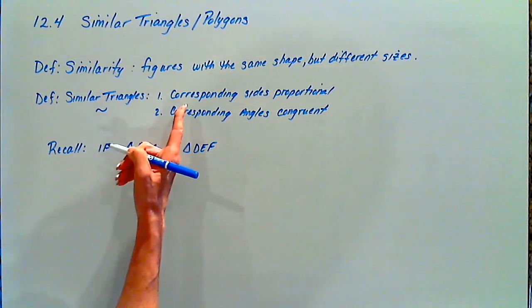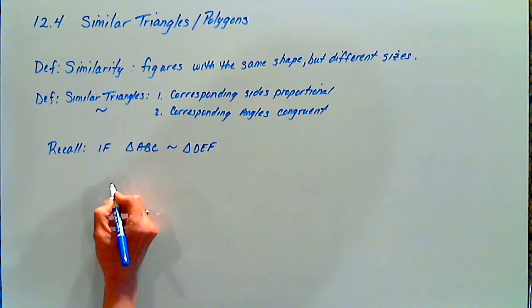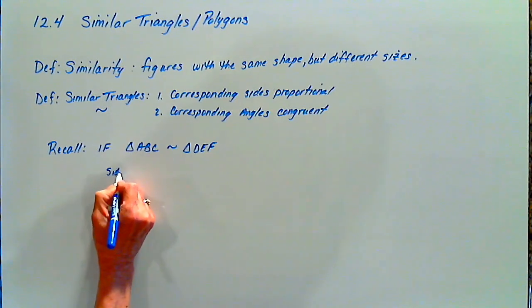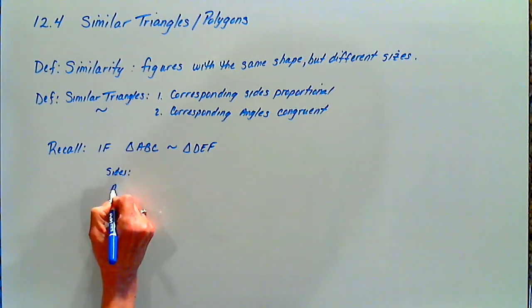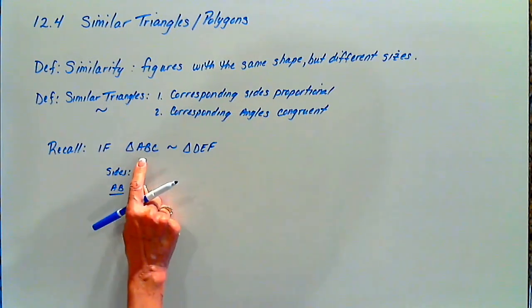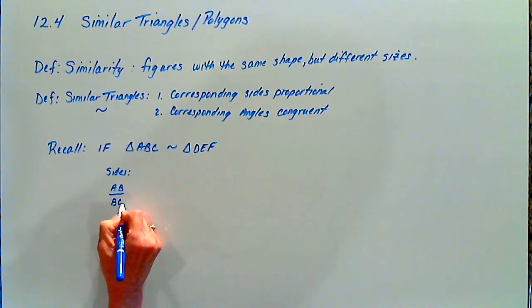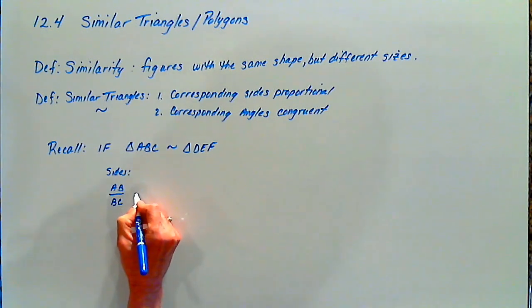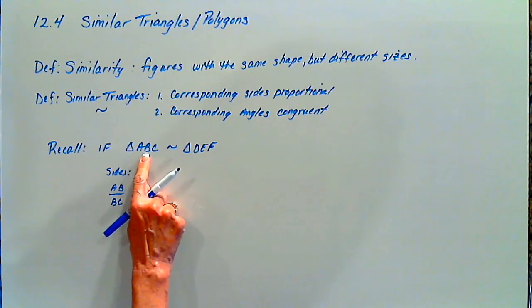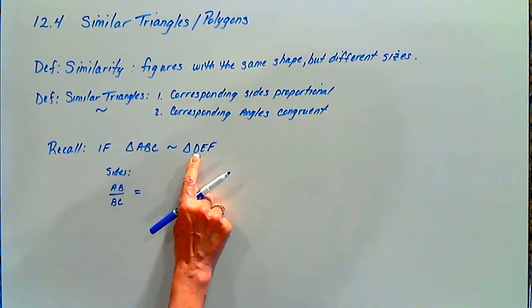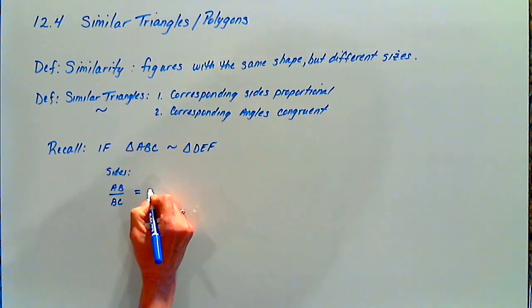So for corresponding sides, we can start with side AB is to side BC as, well, since we went A to B and then B to C, we would do the same order: DE is to EF.